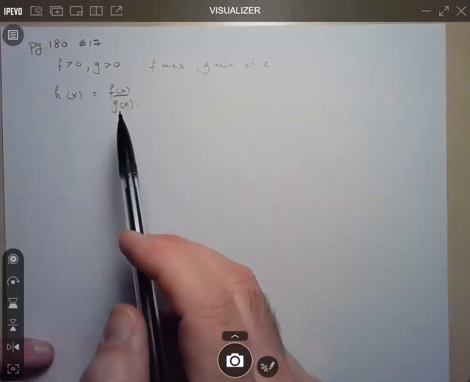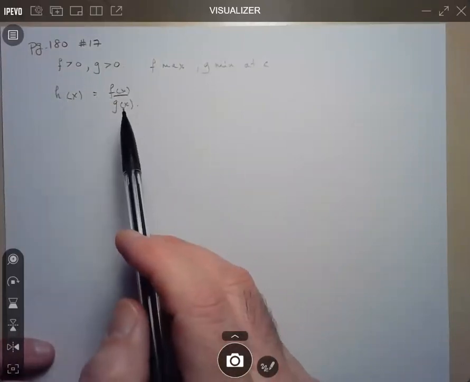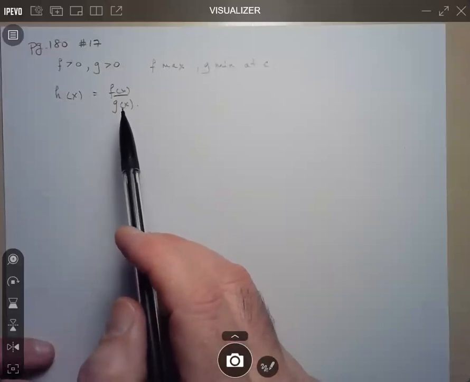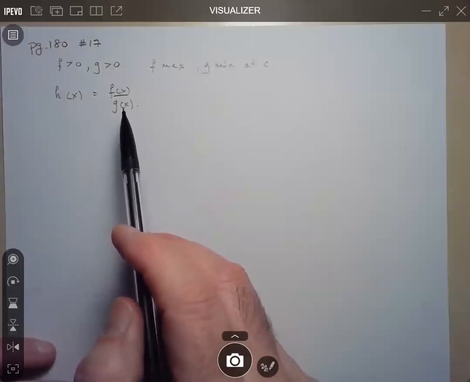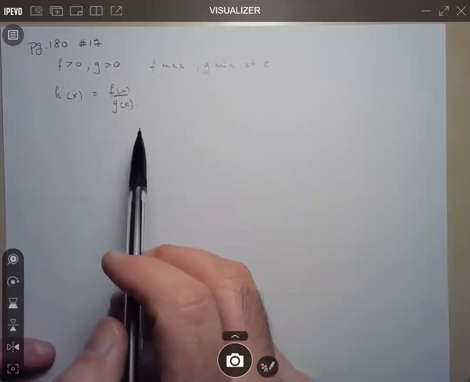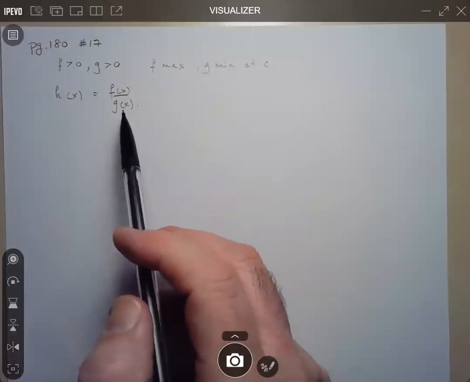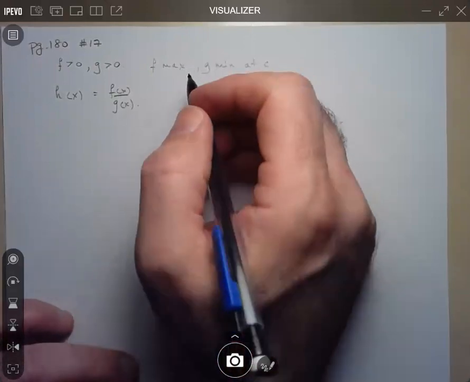And we're going to assume that any values where it doesn't exist, we're only talking about values where the original function exists. Okay, so it's sort of an unwritten rule here, although here we don't have to worry about that, I just realized, because g of x is greater than 0. So we know g of x can never be equal to 0. So that's kind of helpful. We don't have to worry about that. Okay, but these are the two things we have to show.